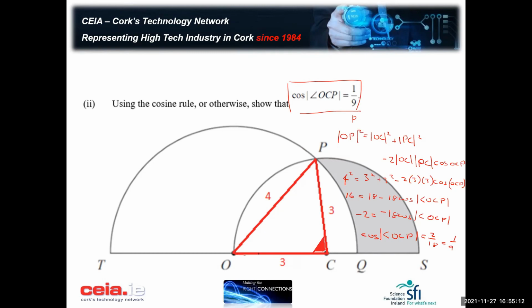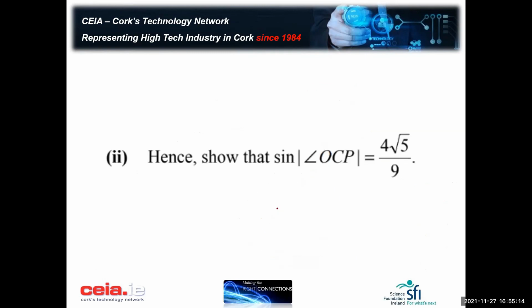All right. So the next question was, hence show that the sine of OCP is 4√5 over 9. When you've shown the cosine of an angle is something, you can generally work out the sine of that same angle by applying your equivalent right angle triangle.